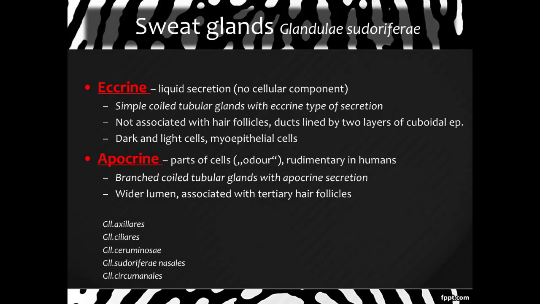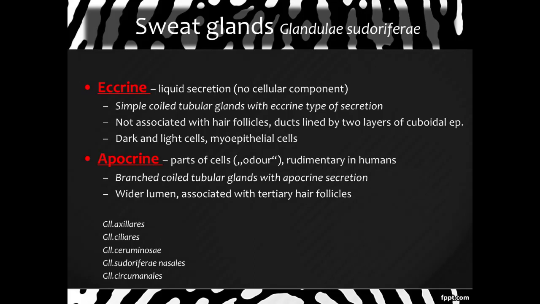The sweat itself plays a role in temperature regulation through the cooling that results from the evaporation of the water from the sweat on the body surface. The connective tissue surrounding the secretory units of these glands is highly vascularized.